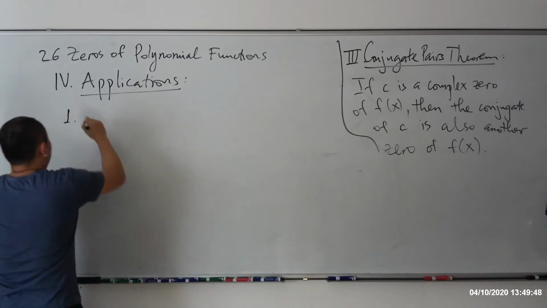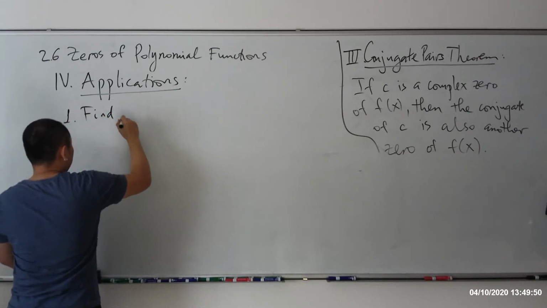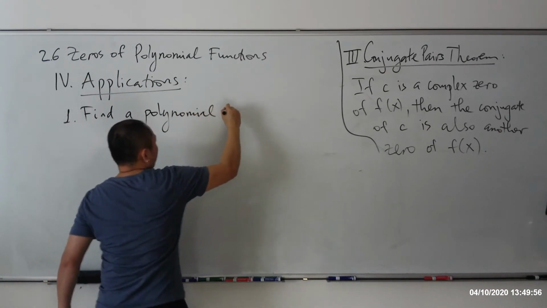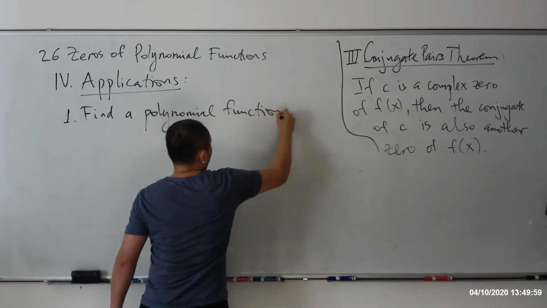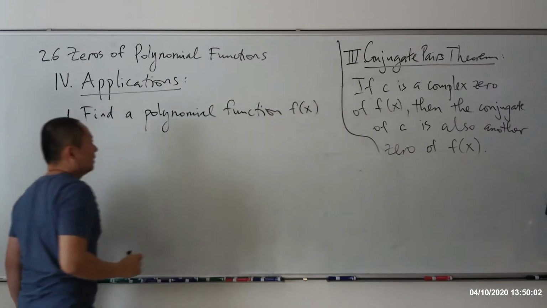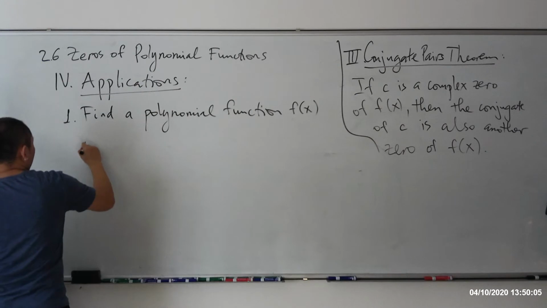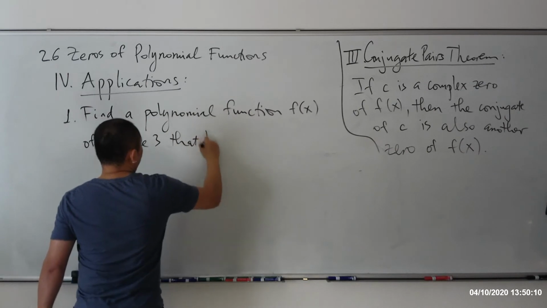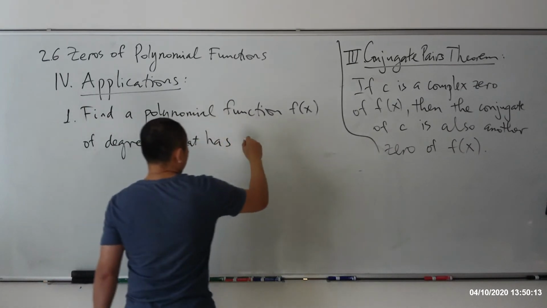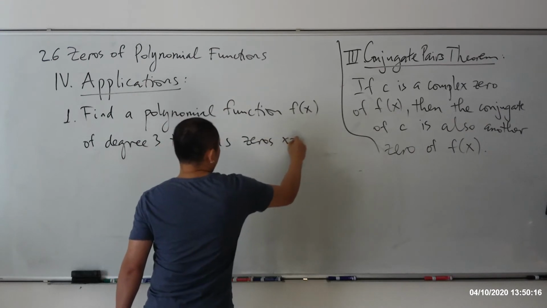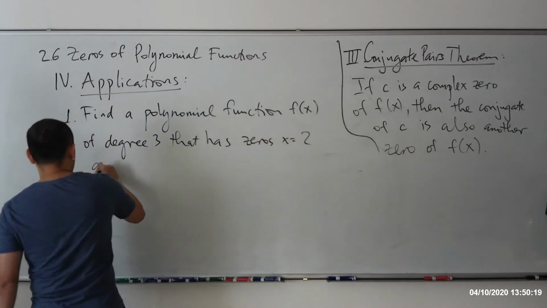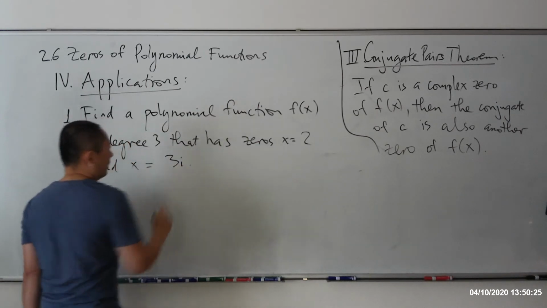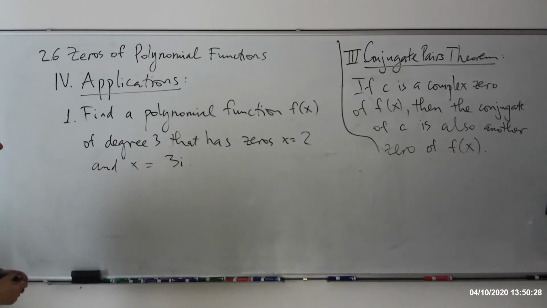Find a polynomial function f of x of degree 3 that has zeros x equal to 2 and x equal to 3i. Okay? So I'm giving you some information about this polynomial function.